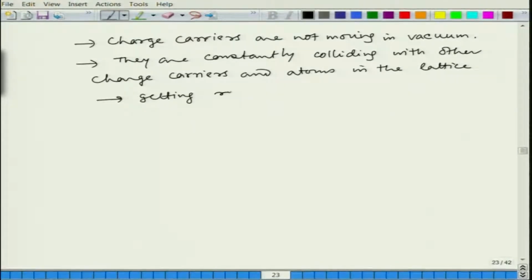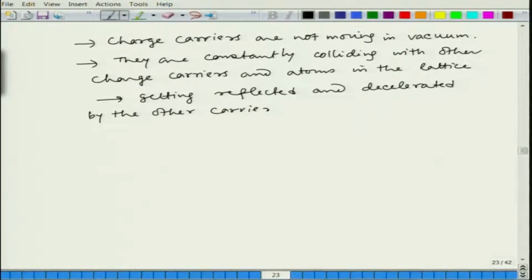They are getting reflected and decelerated by the other carriers, atoms, etc. present in their path. Okay. So, it is not only that the application of the field introduces a force, it also allows a deceleration mechanism.